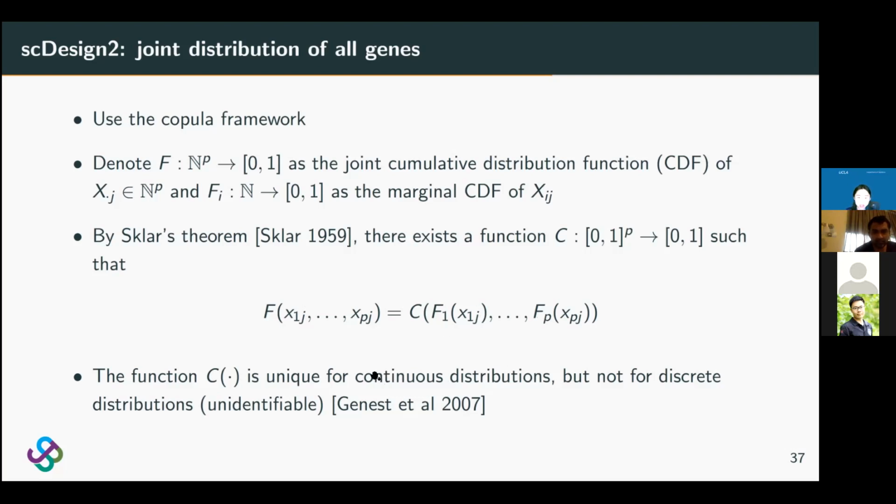So this theorem says that this function C is unique for continuous distributions, but not unique for discrete distributions. In other words, although C exists, it is not unique for discrete random variables. And that's our case, because we model each gene's expression in a cell as a count.